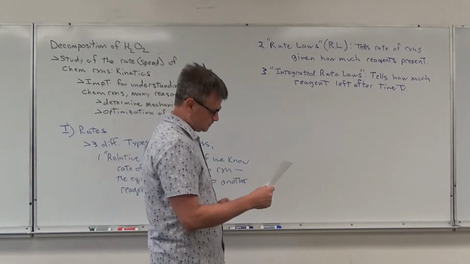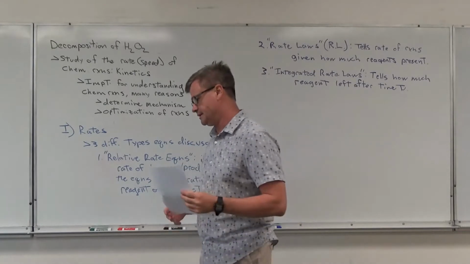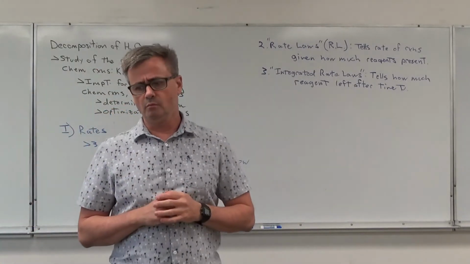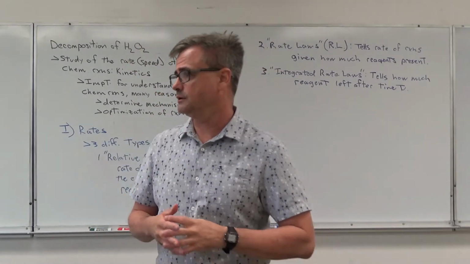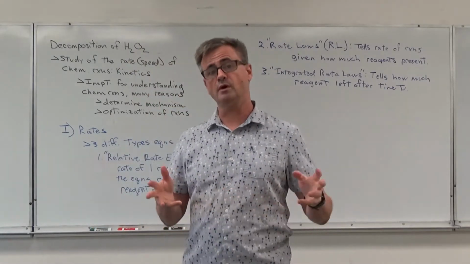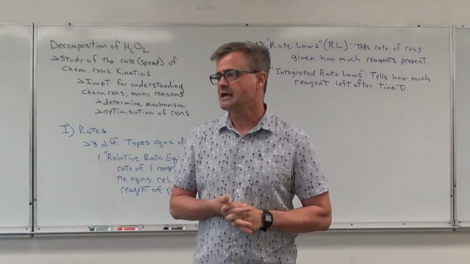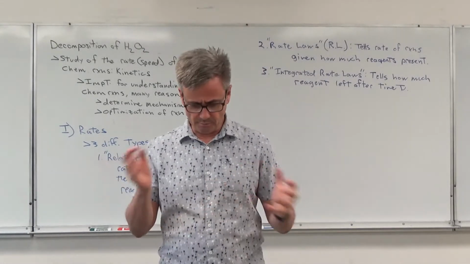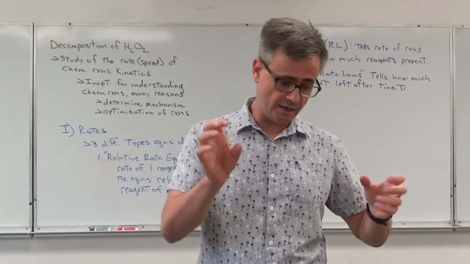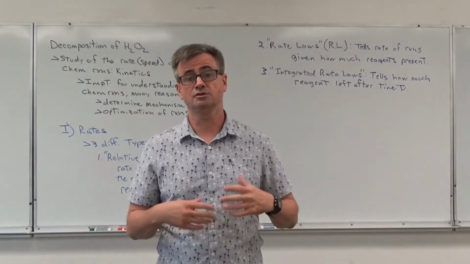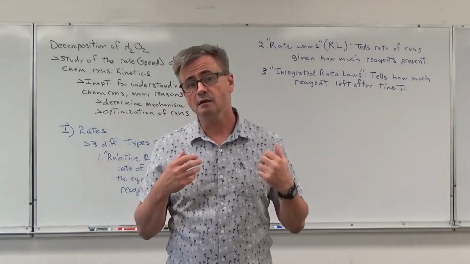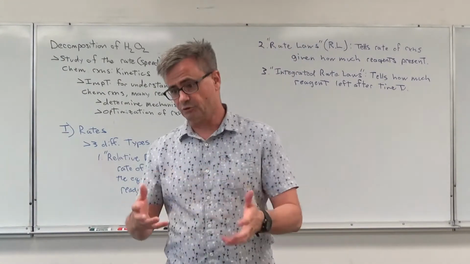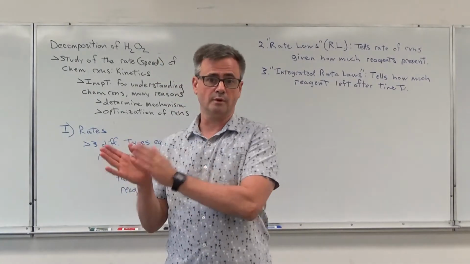So how do we determine rate laws? One of the ways you can determine it is using initial rates. There may be many different reagents that you put in there to start a reaction, and they can have different effects on the rate of reaction.